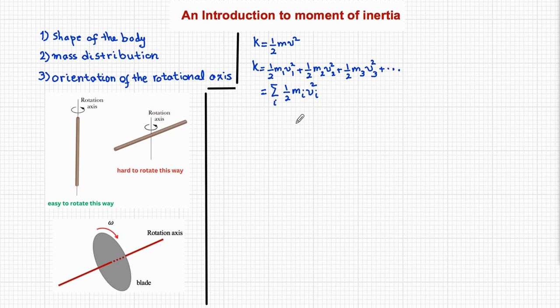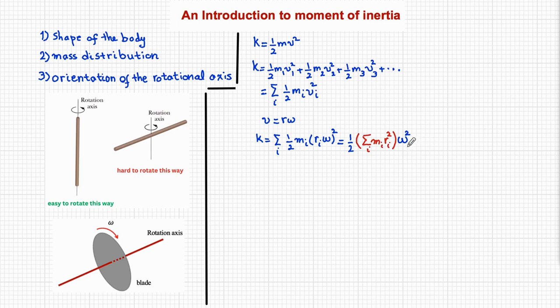But vi is not the same for all particles. Therefore, instead of v, we can substitute r omega. The total kinetic energy will be this format, and if we rearrange the quantities, we get 1 over 2 times the summation of mi ri squared, times omega squared.